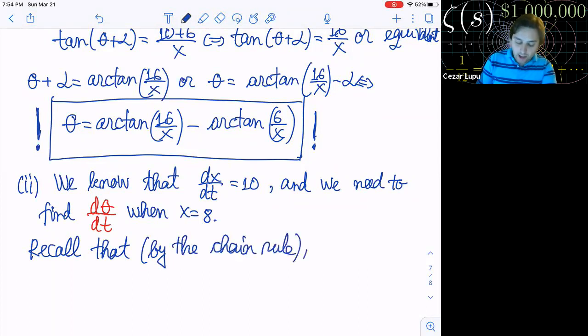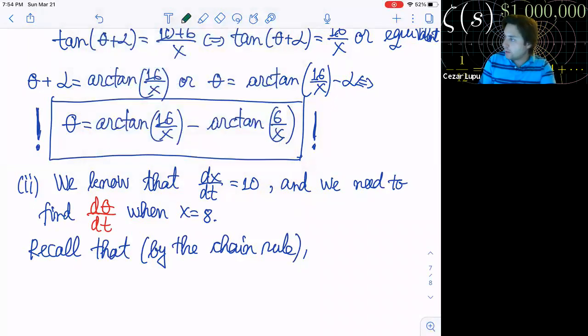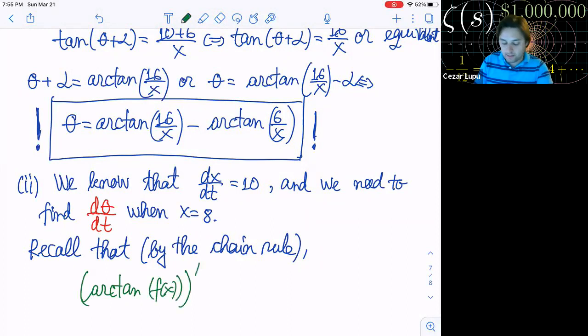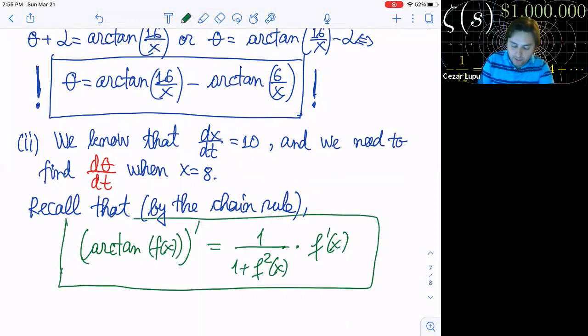Let us recall that the derivative with respect to x of arctangent of f of x, where f is a function, will be f prime of x over 1 plus f squared of x, right? That's the chain rule for the arctangent.